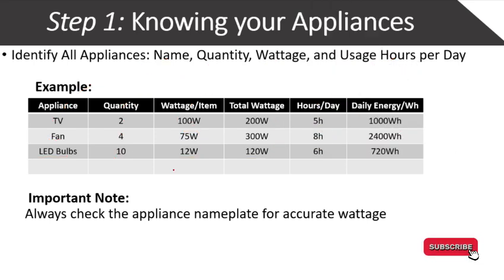Now, always check the appliance nameplate in order to get the accurate wattage. Do not assume that these appliances will consume maybe 100 watts, 200 watts. Do not assume. Always check the appliance nameplate. You can mostly see it at the back of the appliance or at the side.